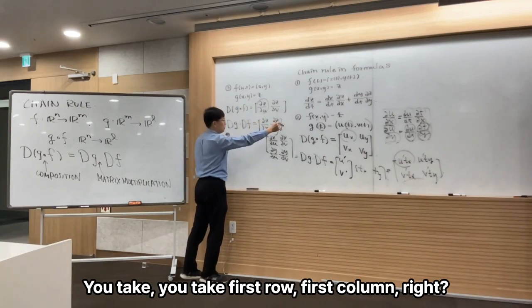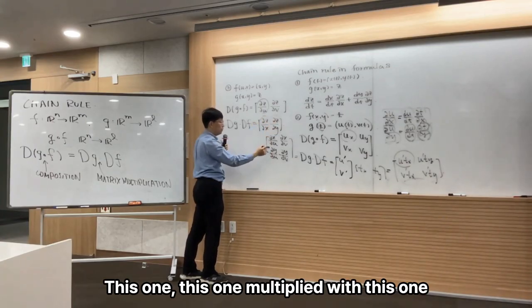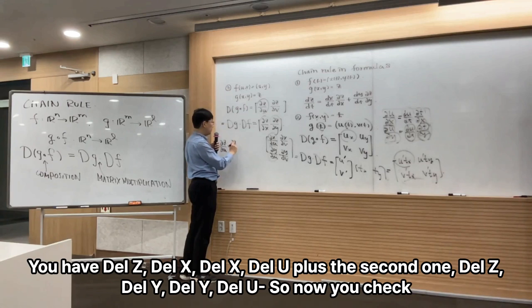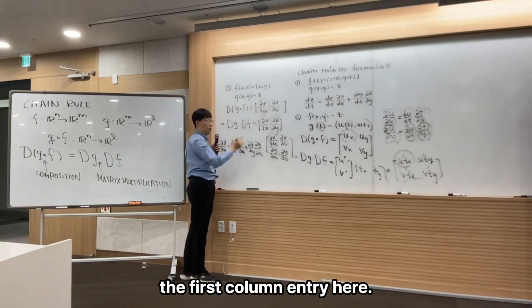You take first row, first column, right? This one multiplied with this one, and this one with this one, side by side. You have del z del x, del x del u, plus, second one, del z del y, del y del u. So now you check the first column entry here.